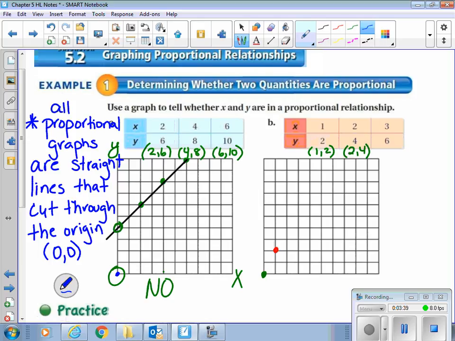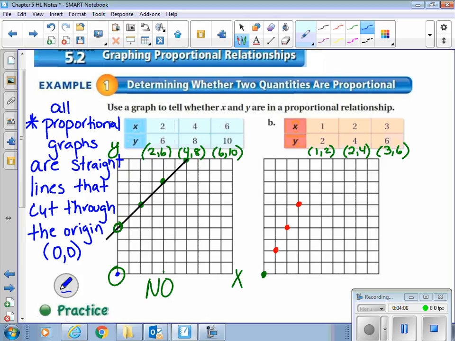I'm going back to the origin, and I'm going to go right 2 and up 4, which would take me there. And my last ordered pair, x is 3, y is 6. To graph 3, 6, I go back to my origin. I go right 3 and up 6, mark my point.